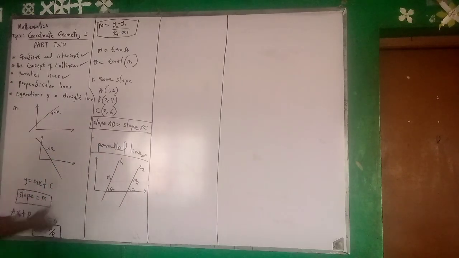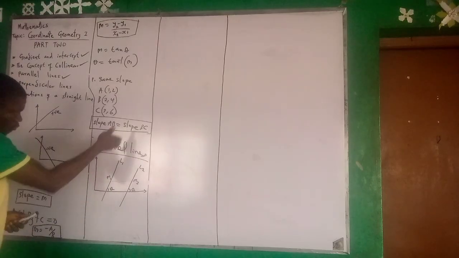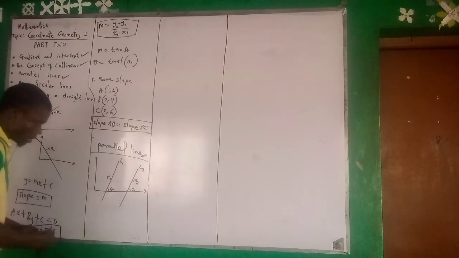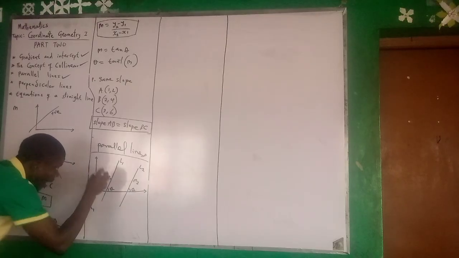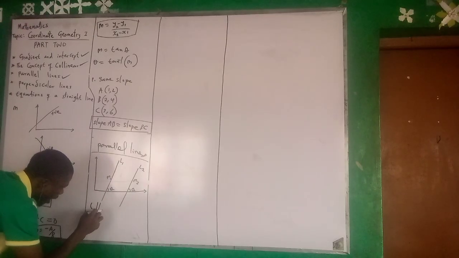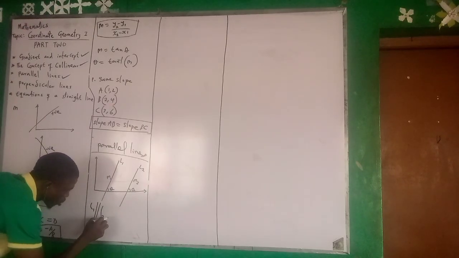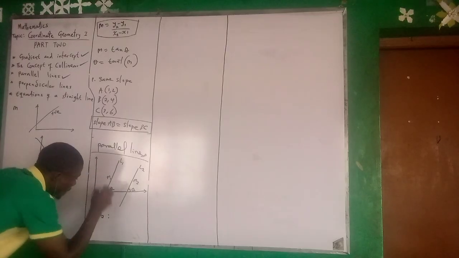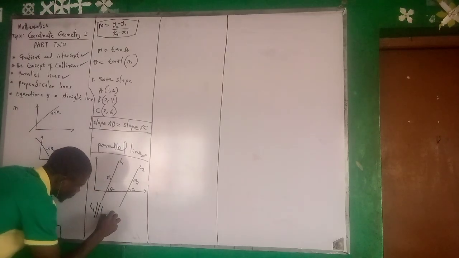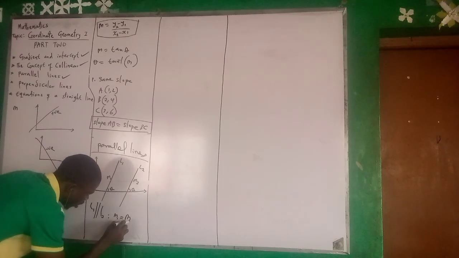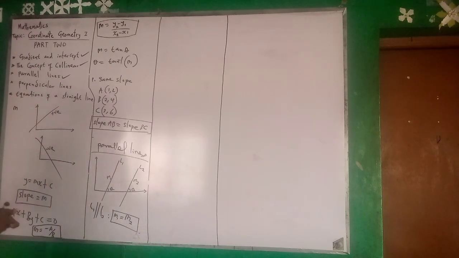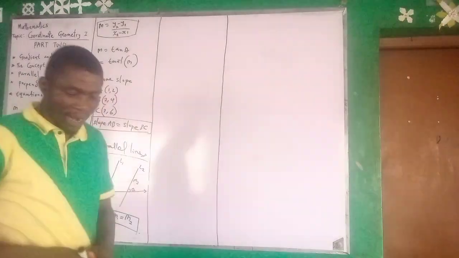So these are 2 parallel lines. For L1 to be parallel to L2, slope 1 must be equal to slope 2. Don't forget this, please. This is the condition for lines to be parallel.